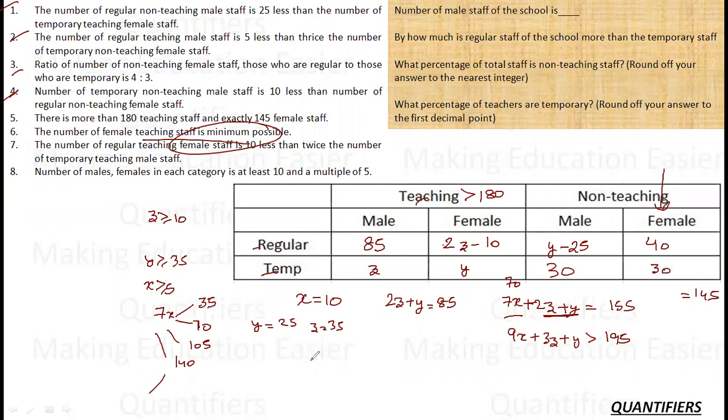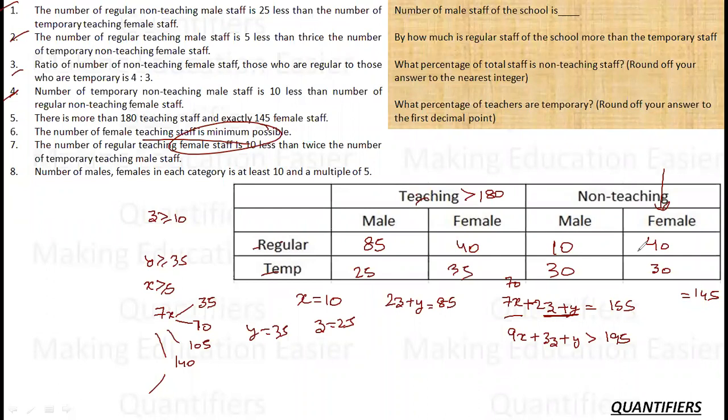Second, y was 35, sorry. z was 25, y was 35. z is 25, so this is 25, and this is 2z minus 10, which is 40. Okay, everything is sorted now, fine.